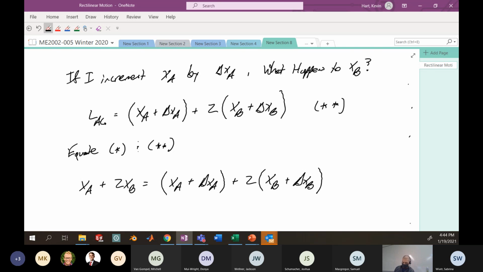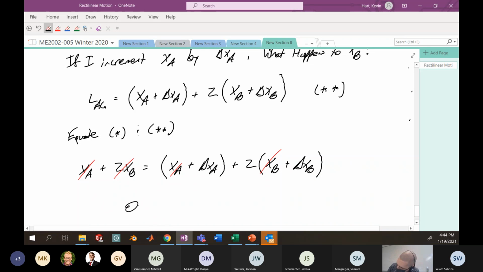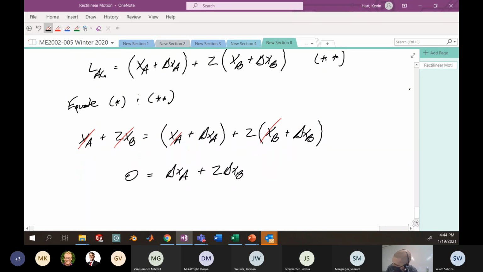It's pretty easy to see that only the increments are going to make a difference here. This XA cancels this XA, and 2XB cancels this 2XB, and you end up with 0 equals delta XA plus 2 delta XB.